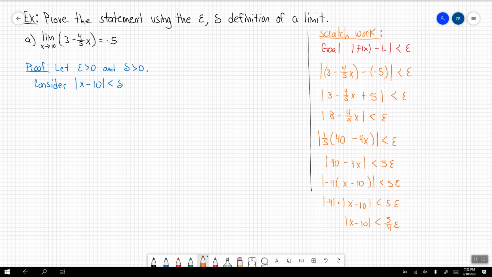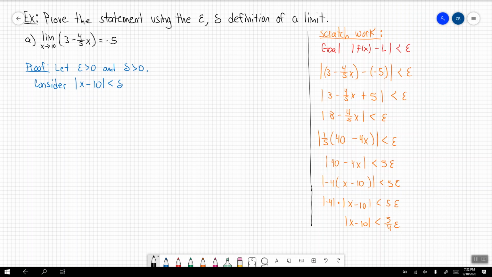So, looking at the left-hand side of the screen, we're starting with the difference between these x values and the number 10, and we want that difference to get smaller and smaller. Well, what is the delta value that we need to choose in order for this to start working for us? The answer to that is here on the right-hand side of your screen.